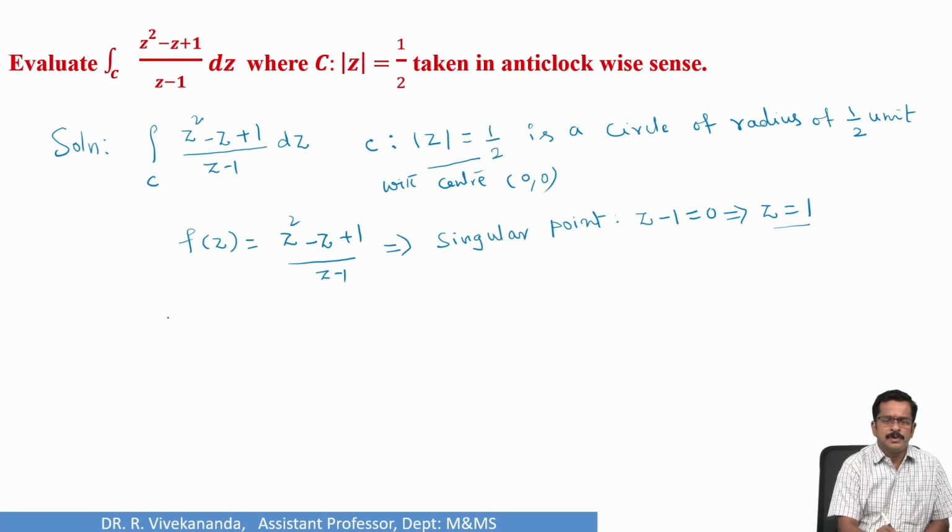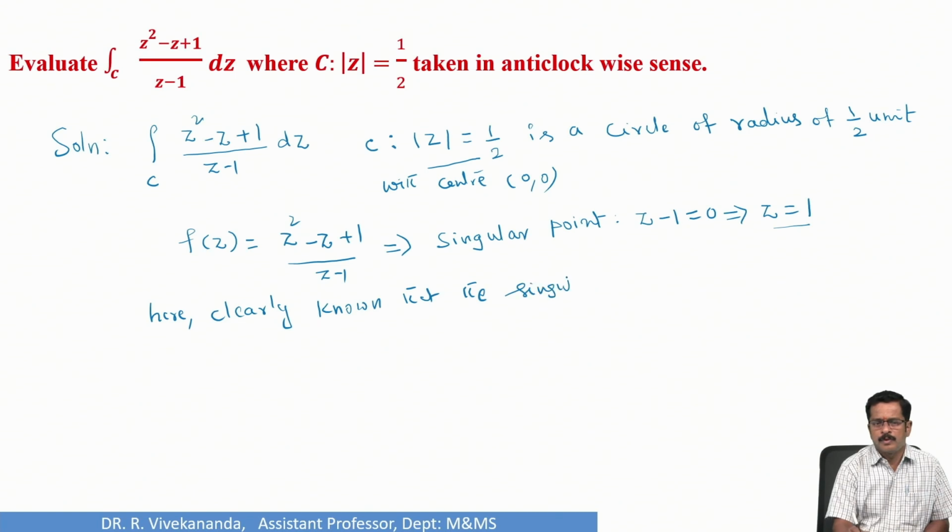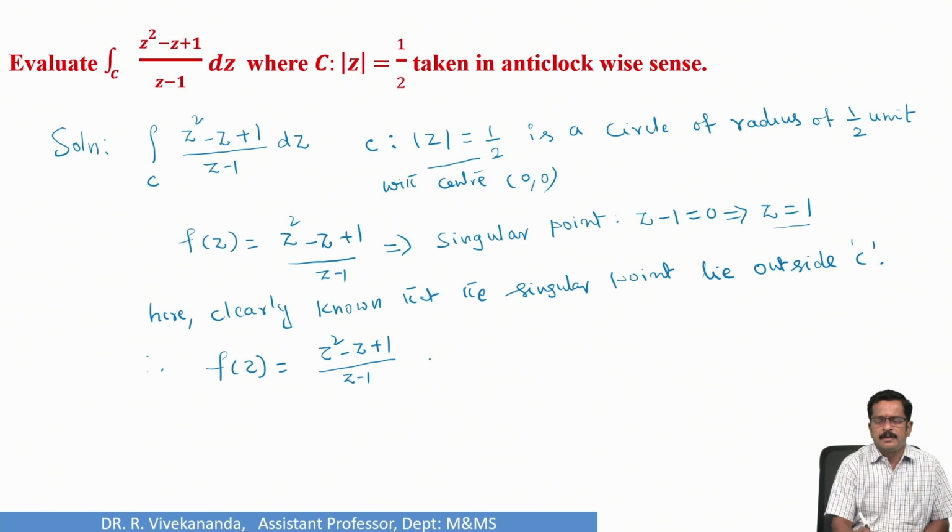Here it is clearly known that the singular point lies outside the circle, outside C. Therefore, the function f of z equals z square minus z plus 1 by z minus 1 is analytic everywhere on and within C.